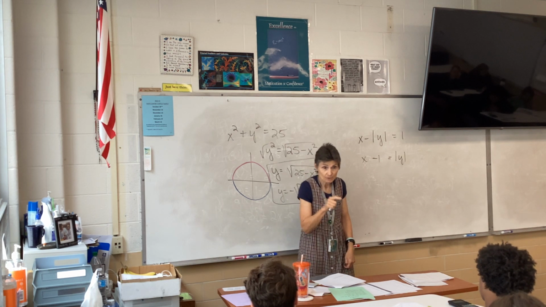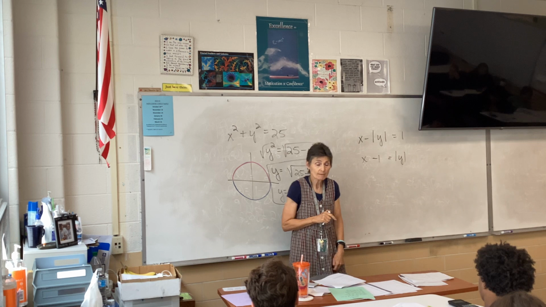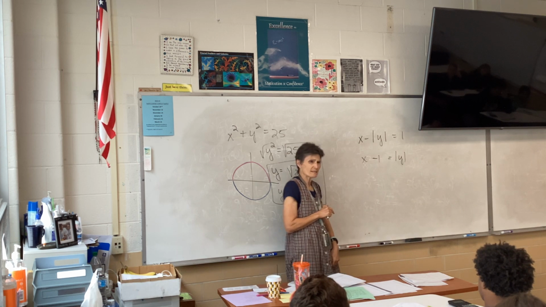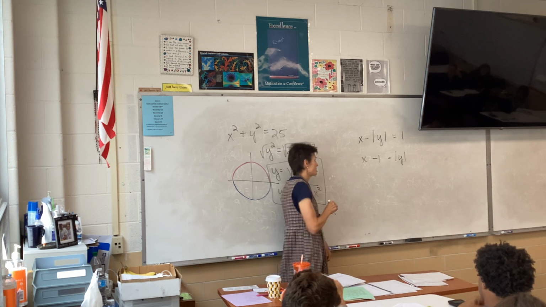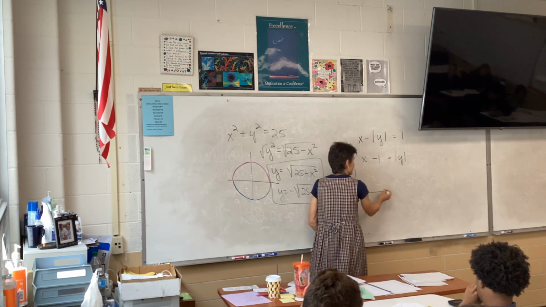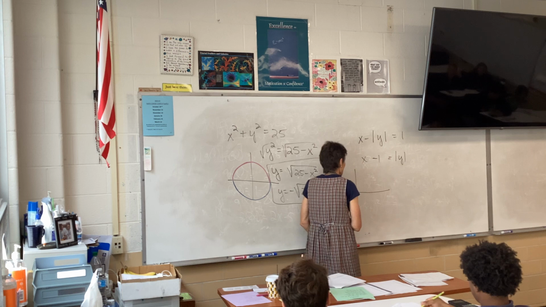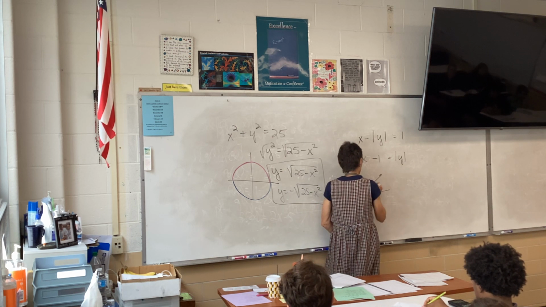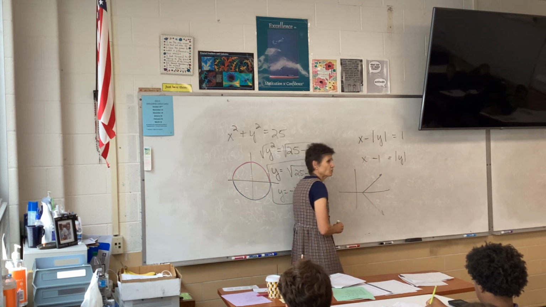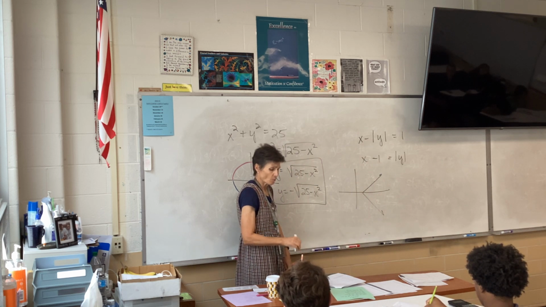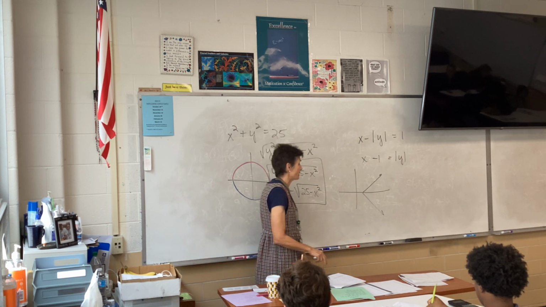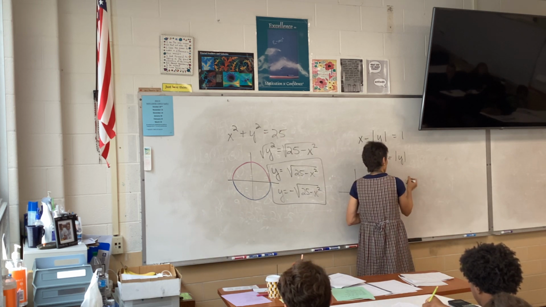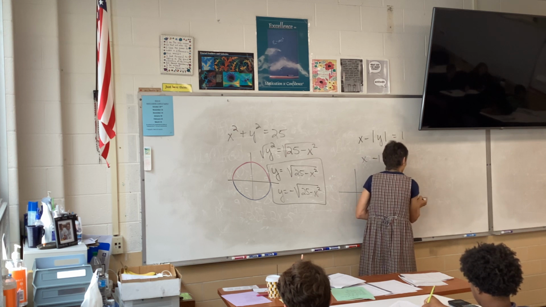Well, it's an absolute value, so it's going to be a V, but it's the absolute value of y, which means it'll be a V sideways, right? And wait a second, it's a V sideways, so is it a function? No. So in order to graph it on my calculator, I'm going to have to write it as its implicit functions. Y equals and y equals.